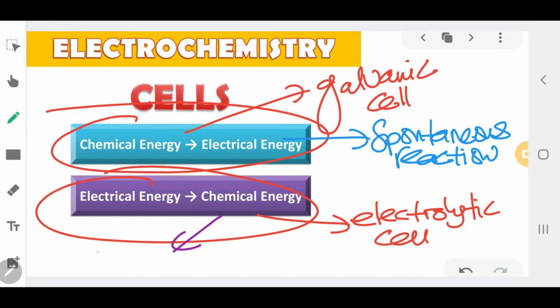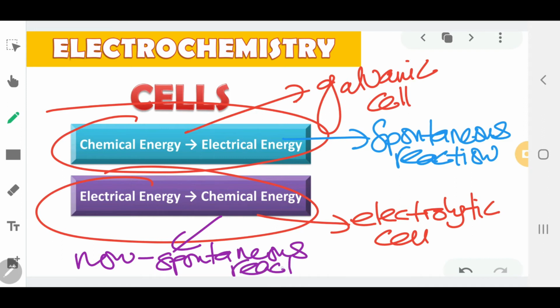This one will be a non-spontaneous reaction. Why? Because you need to convert electrical energy into chemical energy. In other words, you have to supply electrical energy in order to get the electrons to move from one spot to another spot.